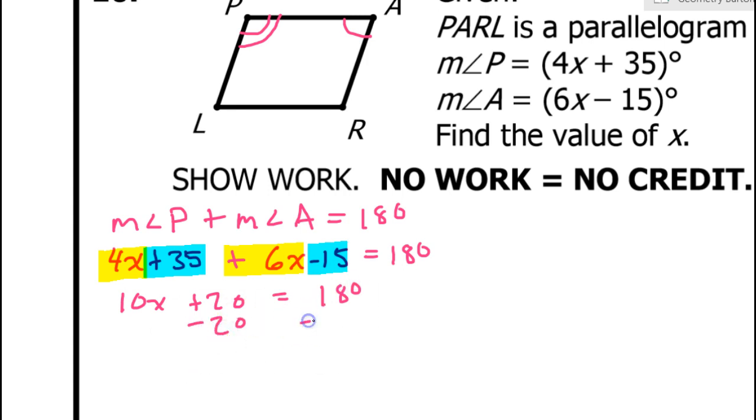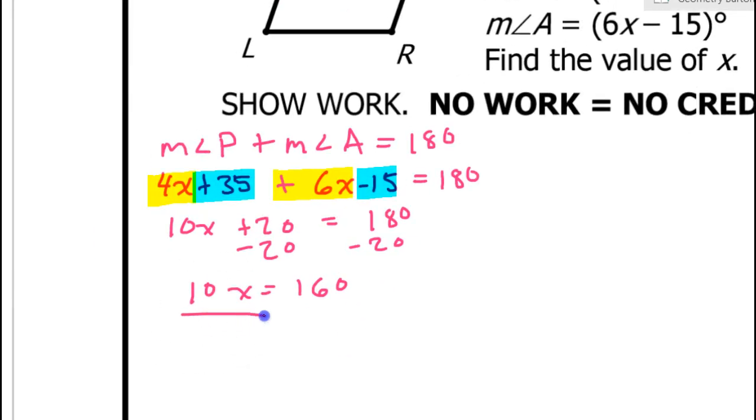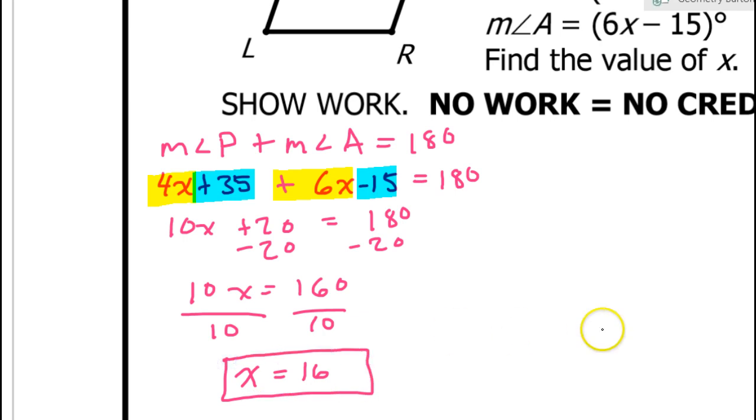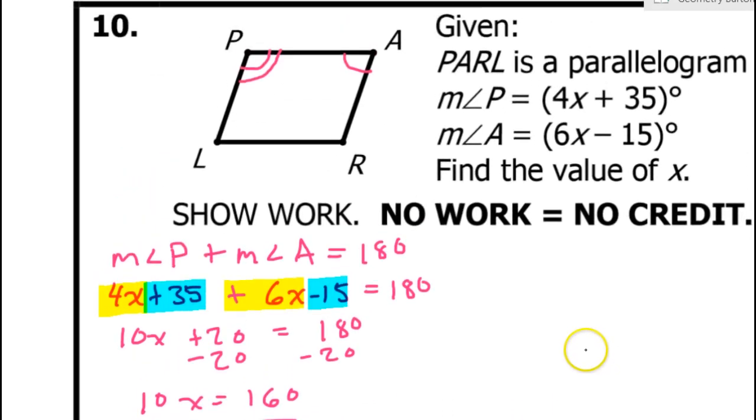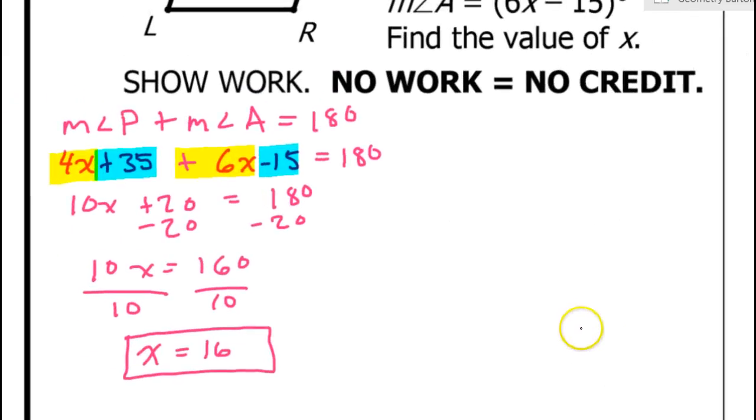Subtracting 20 from both sides gives us 10x is equal to 160. So then if we divide both sides by 10, that tells us that x is equal to 16. Okay, and I guess that was all we were supposed to find, is the value of x.